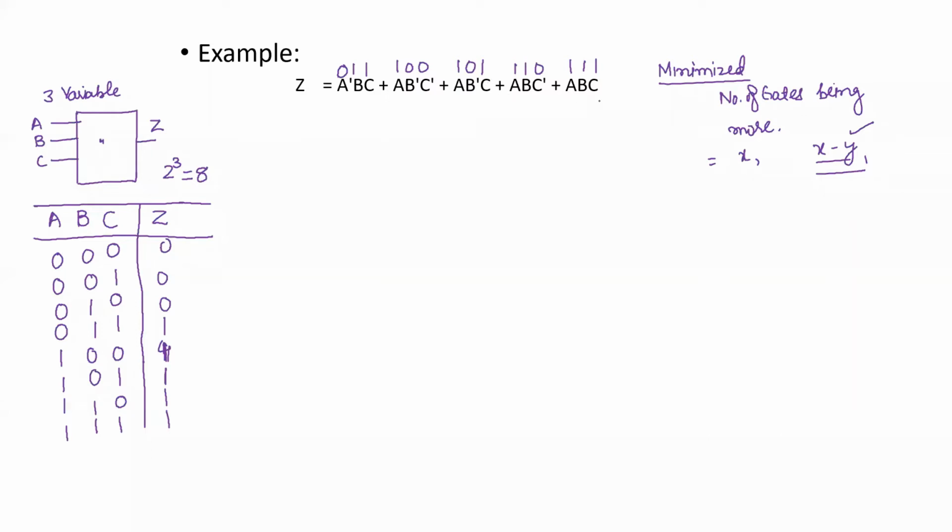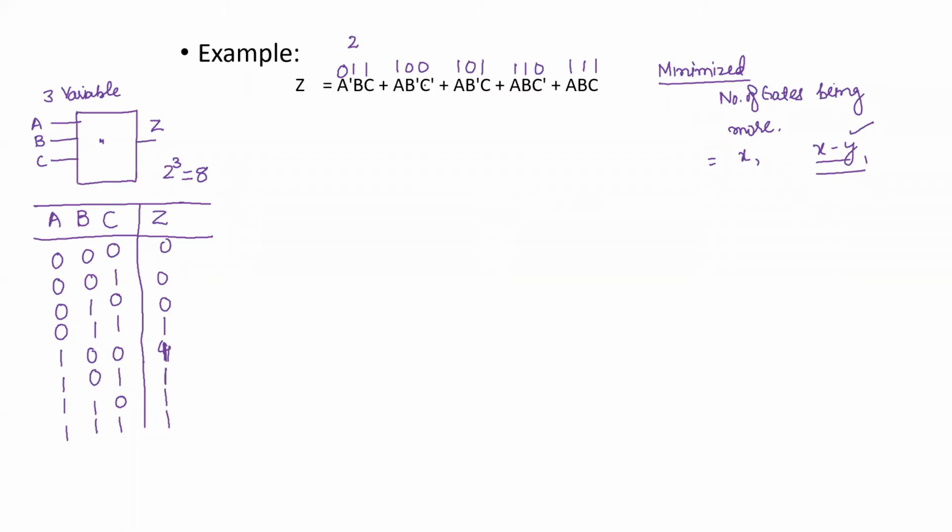Suppose this is not minimized as of now. How many gates are required? 1 for A bar, then B, C. So total 2 gates. Then we assume that we have multiple input gates. If 2 input gates are used, then the number of gates required will be more.